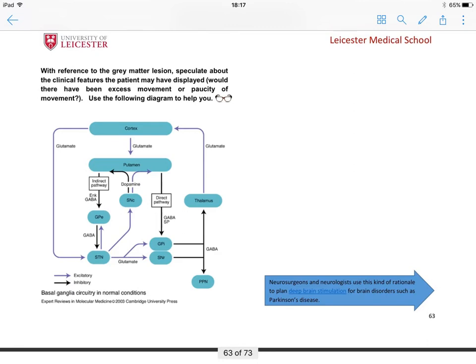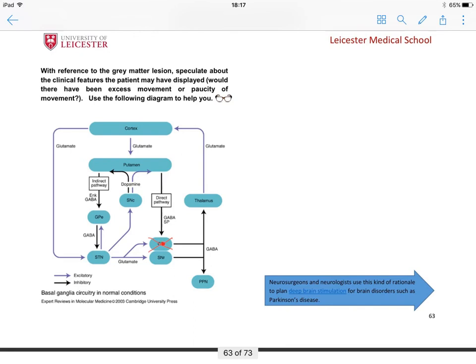So let's show what's going to be damaged, the GPI. Here we've identified that in our pathological section. Now it's really important that you don't try to overthink tasks like this, that you tackle them in a common sense way and follow your instincts. It's as much about exam technique as it is about what you know. So we've shown that the GPI has been damaged, has been lost.